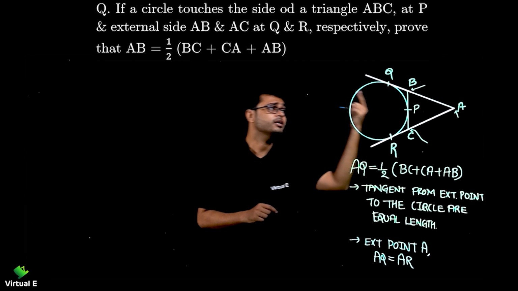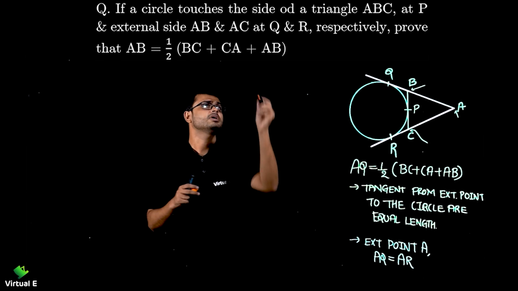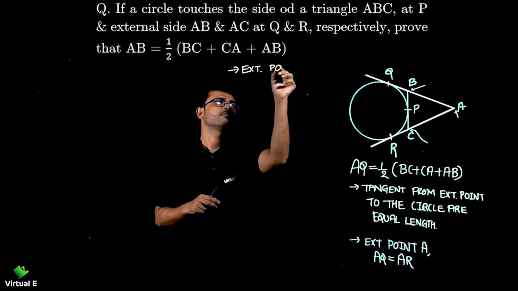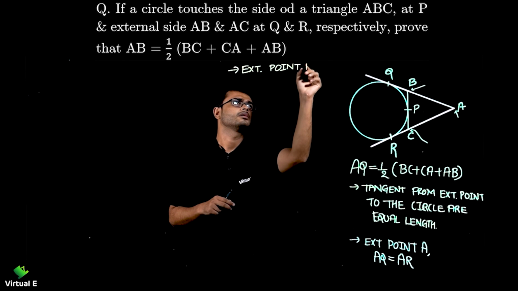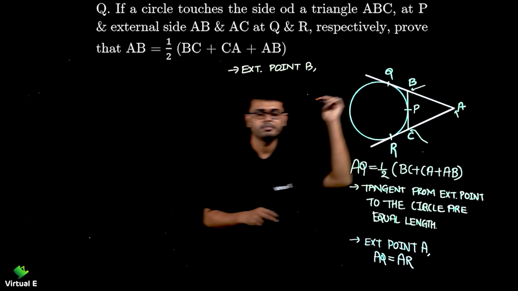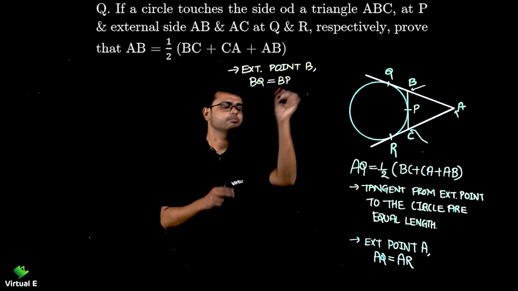Now for external point B, it is BQ and BP. BQ is equal to BP.